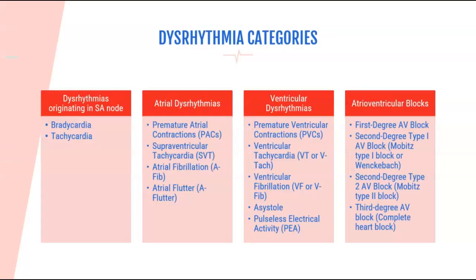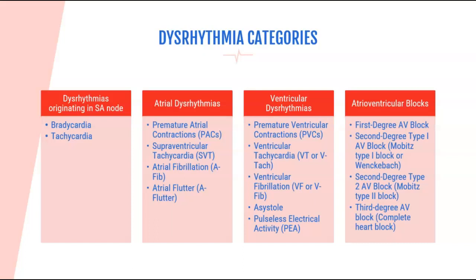There are different categories of dysrhythmias. Dysrhythmias originating in the SA node include bradycardia and tachycardia. Atrial dysrhythmias include premature atrial contractions, or PACs, supraventricular tachycardia, or SVT, atrial fibrillation, or A-fib, and atrial flutter, or A-flutter.